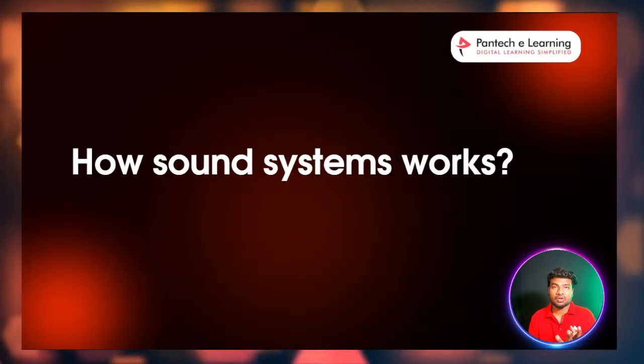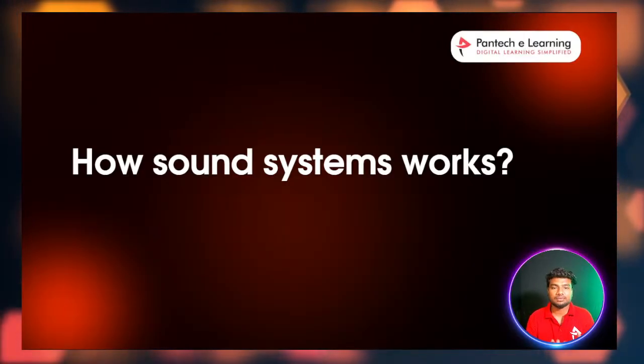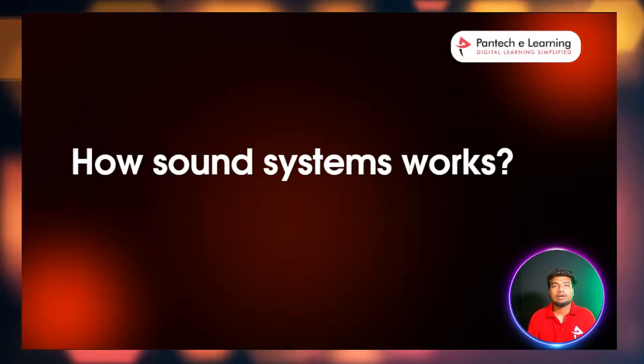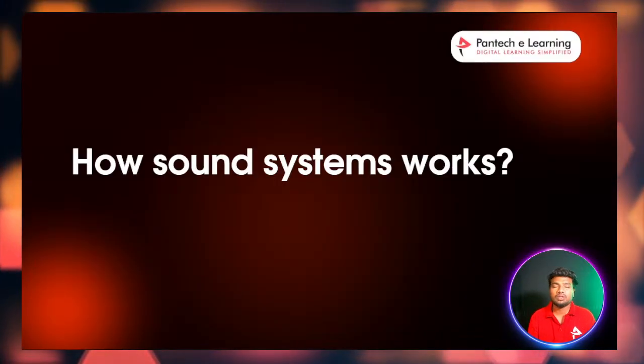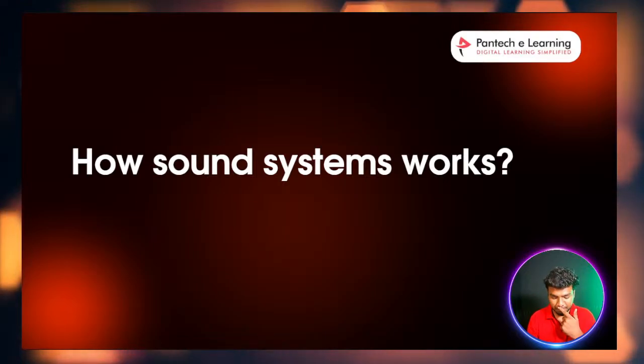So we know the sound system. How does it work? What logic is it based on? There is one combinational logic behind the sound system. I want to know what logic the sound system is working on.